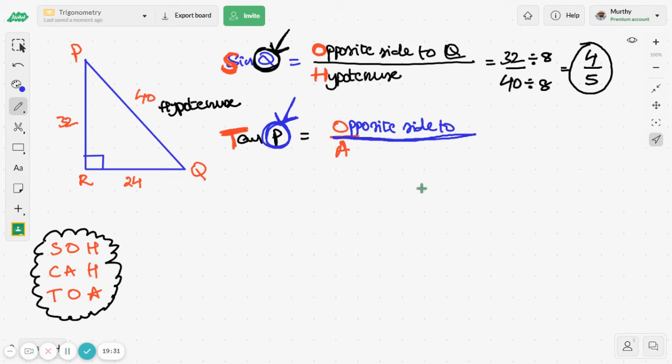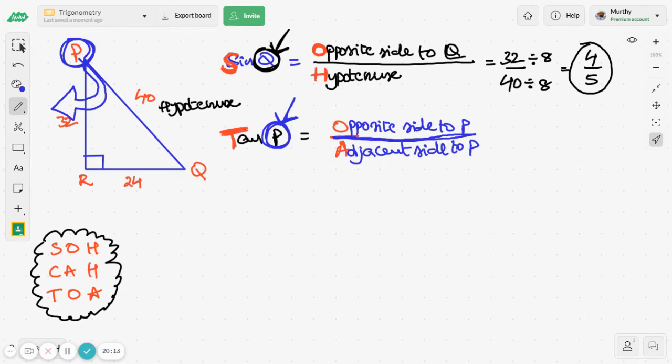So it is opposite side to P, over A, which stands for adjacent side to the same letter P. This time I'm taking P. The opposite side is this one, and adjacent side means the side that is next to the angle other than hypotenuse.